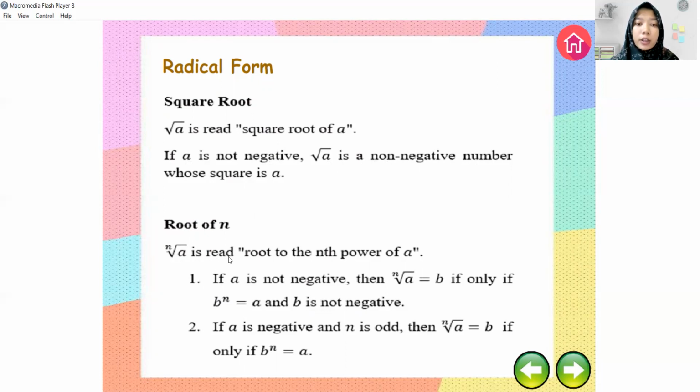This is read the nth root of a. If a is not negative, then the nth root of a is equal to b only if b to the power of n is equal to a and b is not negative.